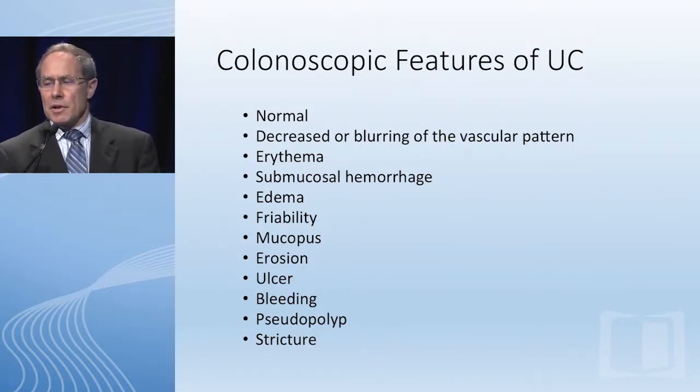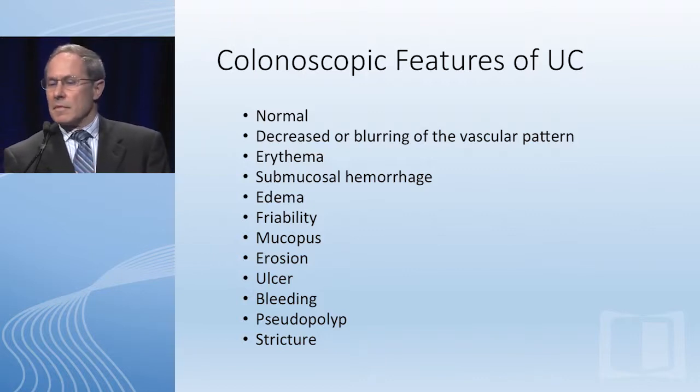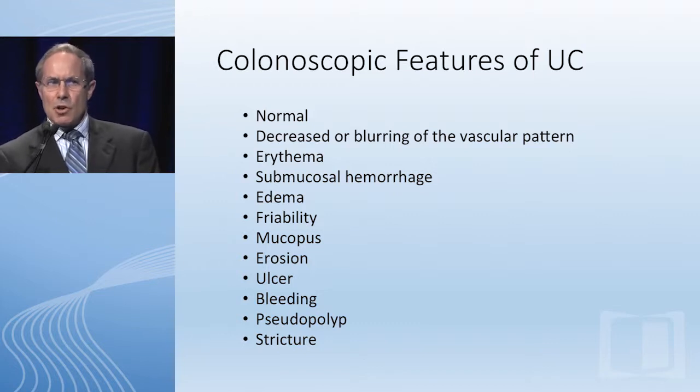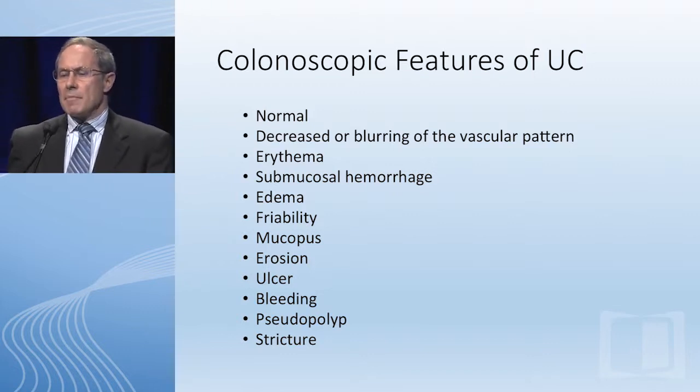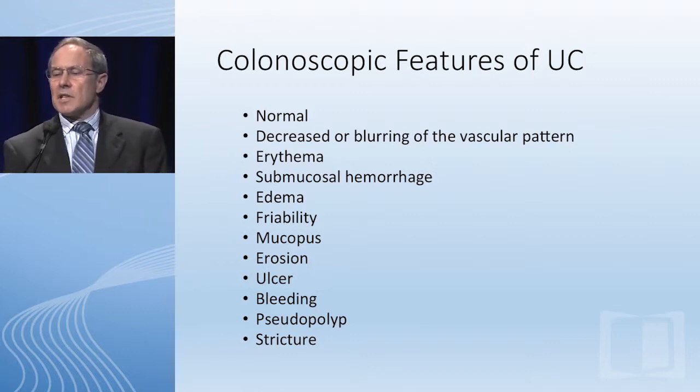Colonoscopic features of ulcerative colitis: the visualization may be normal, but again, biopsy may show that there is active inflammation, and so that should be done when the concern is there. But if there is active disease, one often sees decreased or blurring of the vascular pattern, erythema, submucosal hemorrhage, and again, these are features that increase in severity.